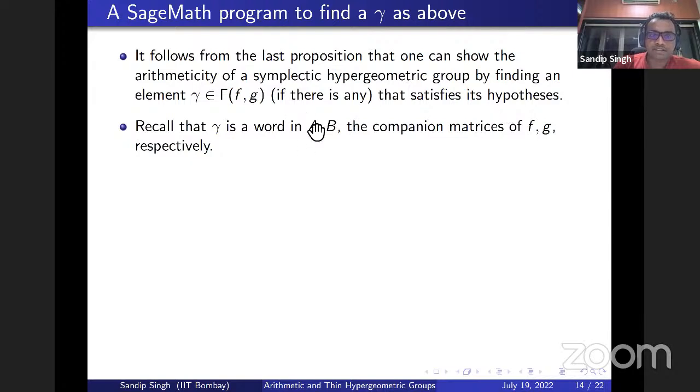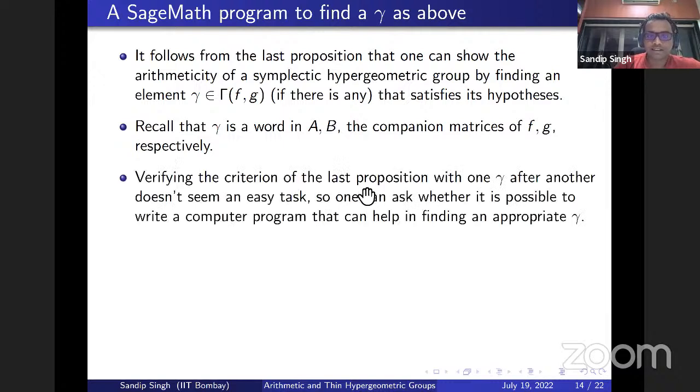So recall that gamma is a word in A, B, A inverse, B inverse, where A and B are the companion matrices of f and g. Verifying the criterion of the last proposition with one gamma after another doesn't seem an easy task. So one can ask whether it is possible to write a computer program that can help in finding an appropriate gamma.